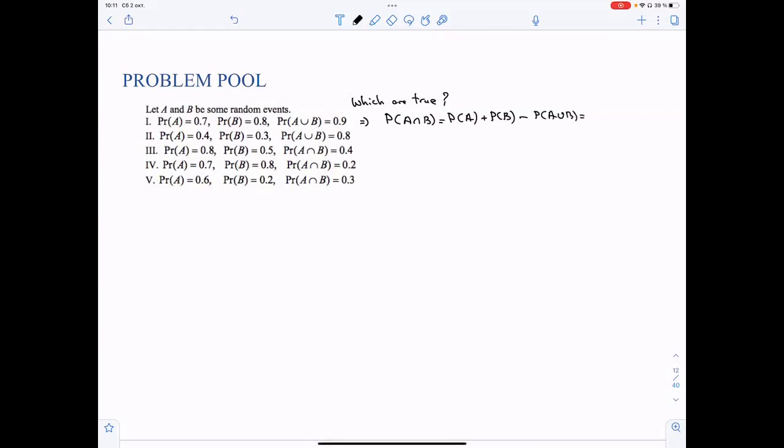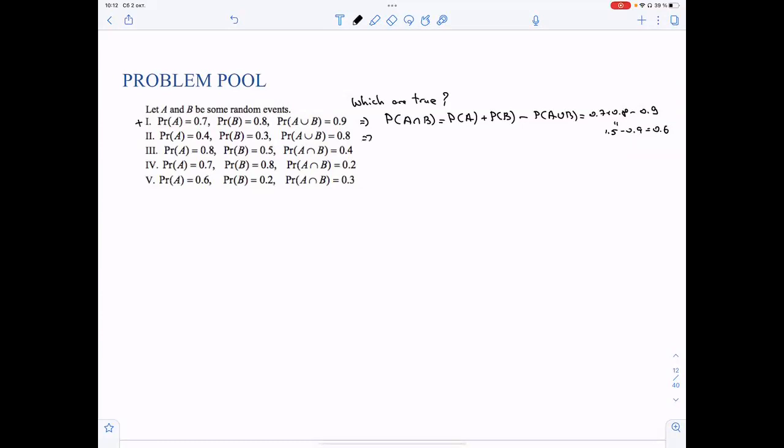And here it gives 0.7 plus 0.8 minus 0.9. So it's 1.5 minus 0.9. So it's, well, yep, it is possible. The first seems to be fine. No big problem about that.